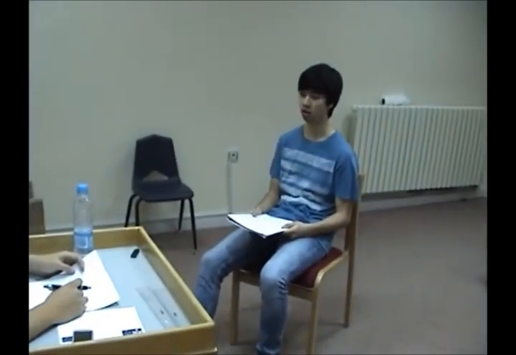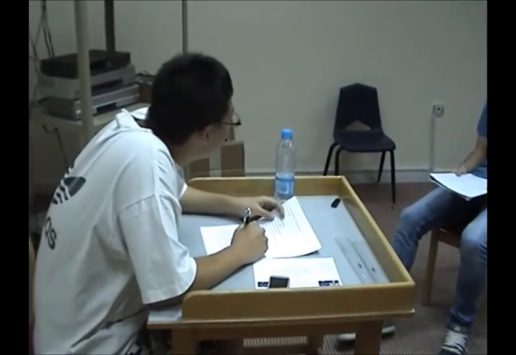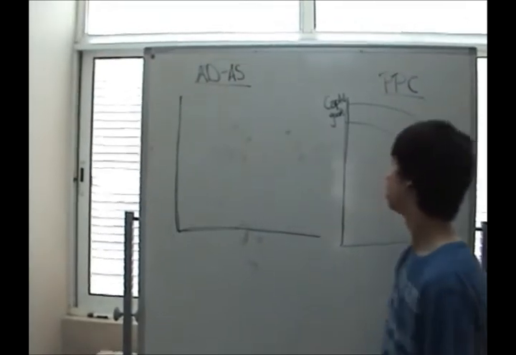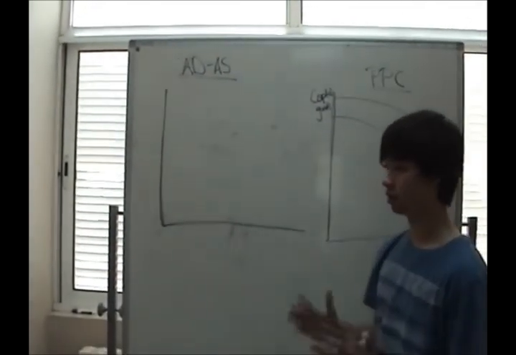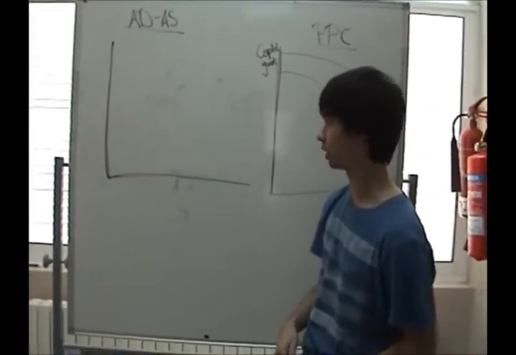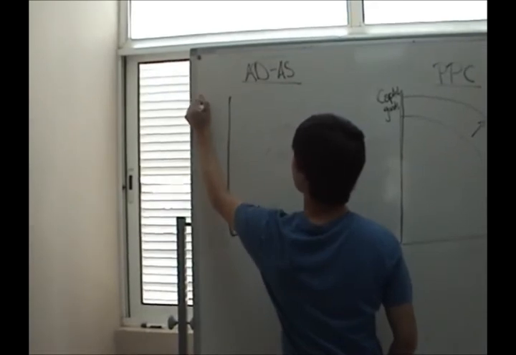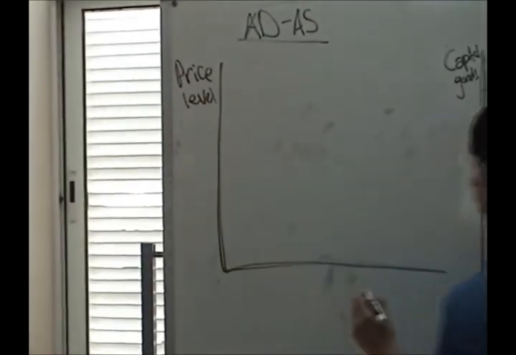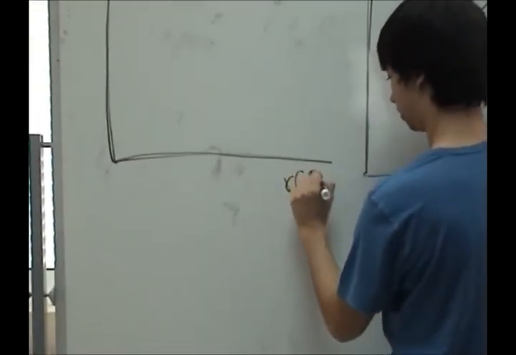Well, you probably should know about the ADAS curve. ADAS curve? The ADAS curve stands for aggregate demand, aggregate supply, and it basically shows the total demand and total supply for a country. So on the y-axis, you could write price level, and on the x-axis, we could write real GDP.